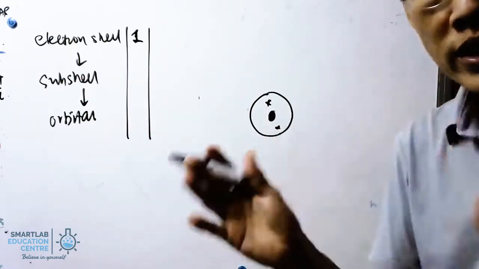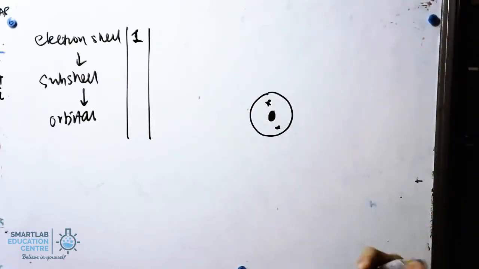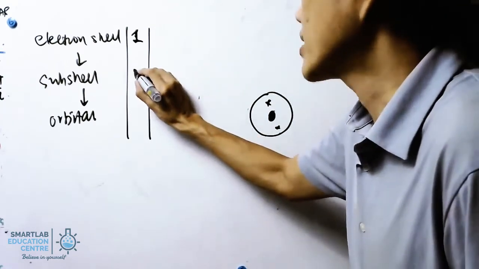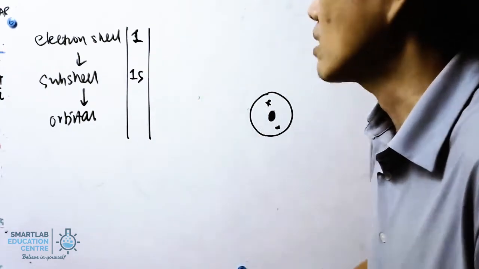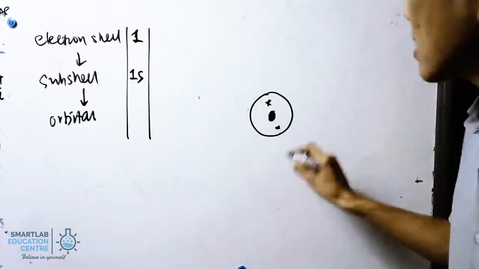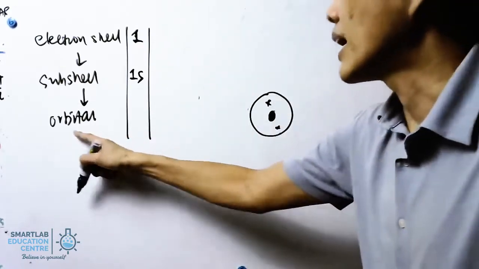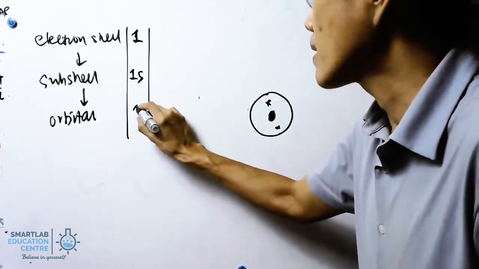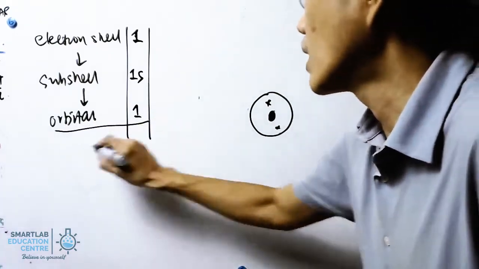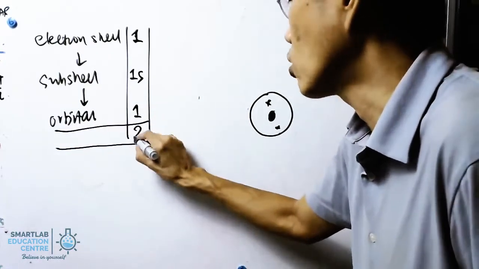This spherical space, we call the s subshell. This is termed the 1s subshell because it occurs in the first electron shell and it only has 1 orbital. And because it has 1 orbital, the total number of electrons that it can hold will be 2.